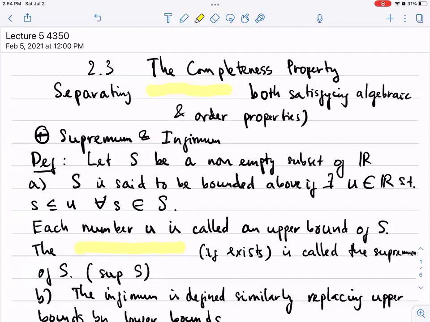So how do we distinguish these two sets? The answer is exactly the topic that we are discussing today, the completeness property, which is going to separate the set of real numbers from the set of rational numbers.